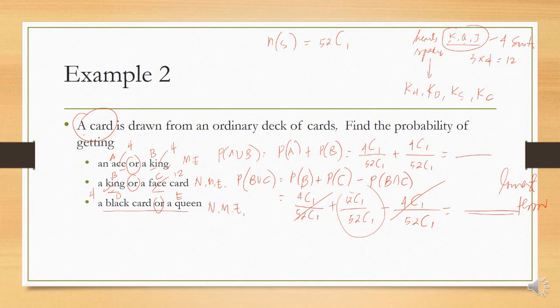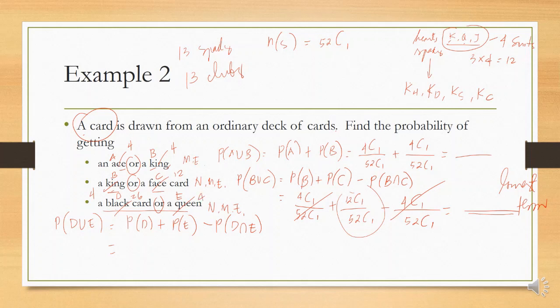So, ulit, P, this time, D union of E. Okay? And then, P of D plus P of E minus P of the intersection of D and E. Okay, so ang black cards natin ay ilan? We have 13 spades and 13 clubs. So, 26 yung pinag-uusapan dyan. Yung queen naman ay 4.